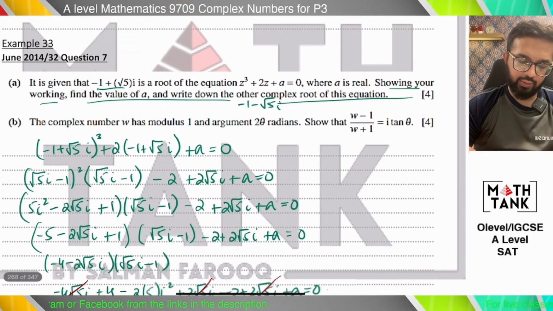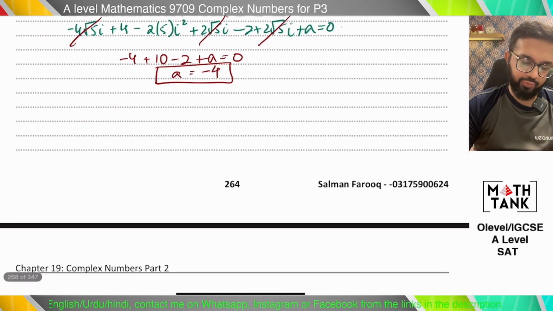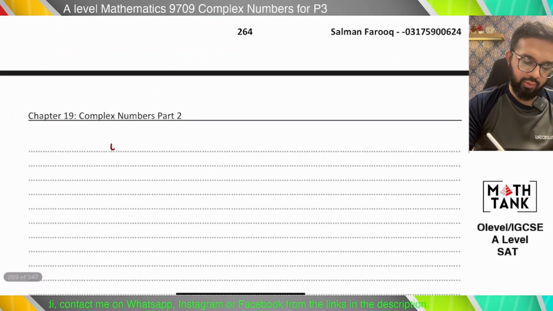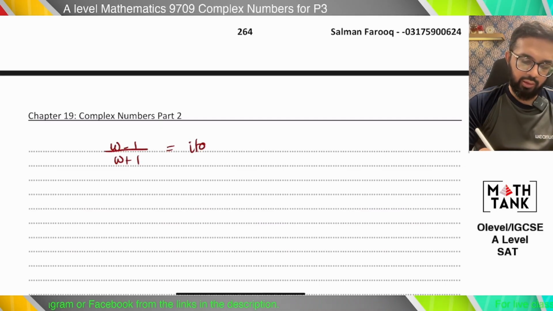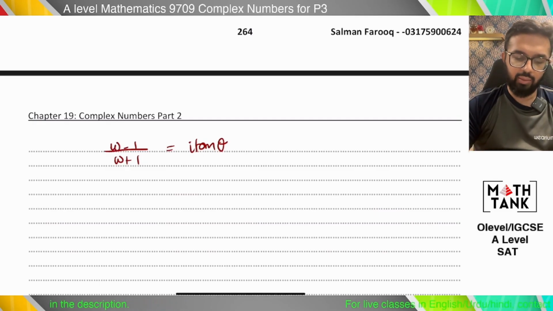Part 2 says the complex number w has modulus 1 and argument 2 theta radians. Show that (w minus 1) over (w plus 1) equals i times tan theta. So I want to prove to you that there's a complex number called i tan theta, which means that I must have w in the modulus argument form.